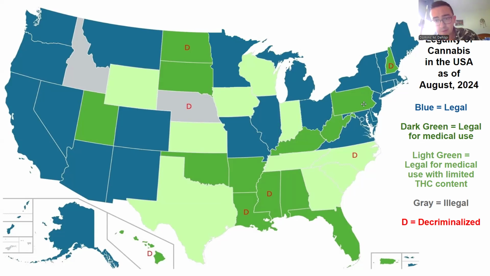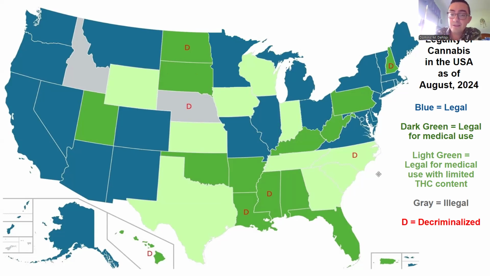So you'll see in states like Pennsylvania, West Virginia, Kentucky, the Dakotas, Utah, it's legal for medical use, not recreational. Also, New Hampshire, missing out on that recreation up there in the Northeast, surrounded by an island of blue. Dark green, only legal for medical use.